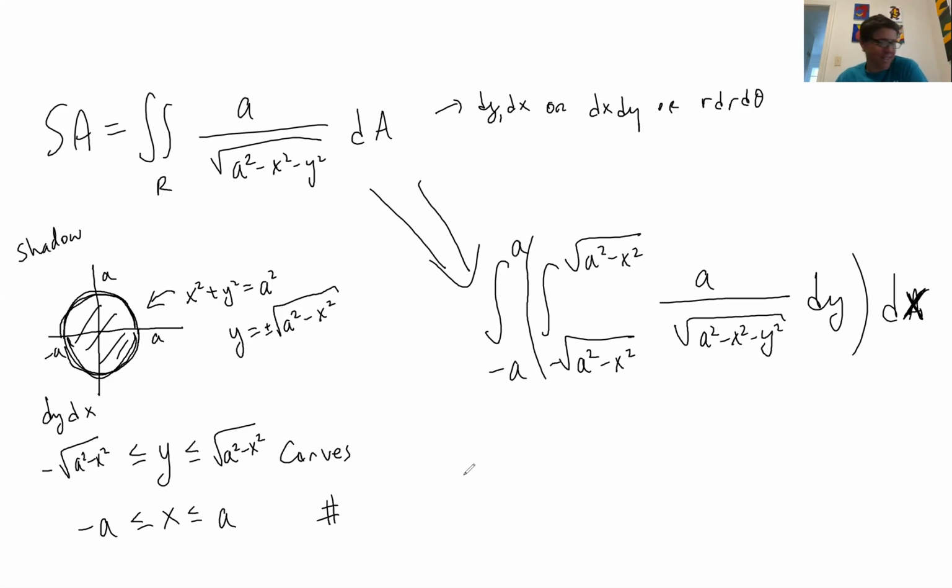Oh, really? That's great. How do you do that? I don't know. Can you solve this? So you have to kind of go back to Calc 2. Maybe it's a trig substitution or something in the table.